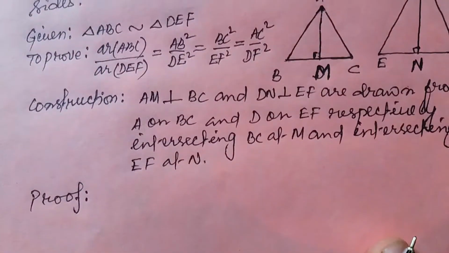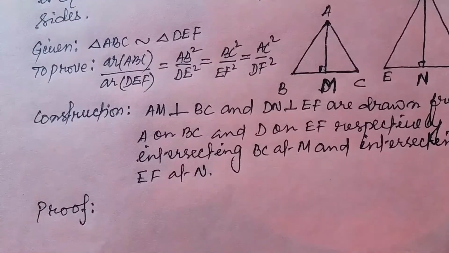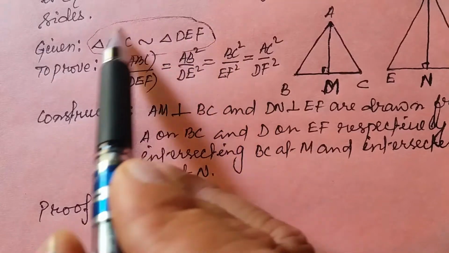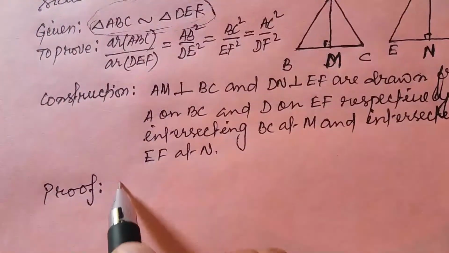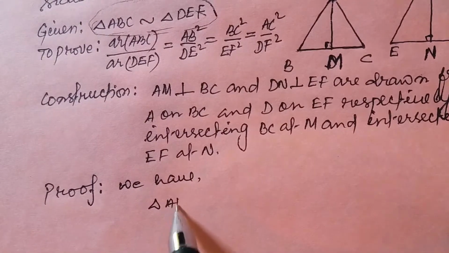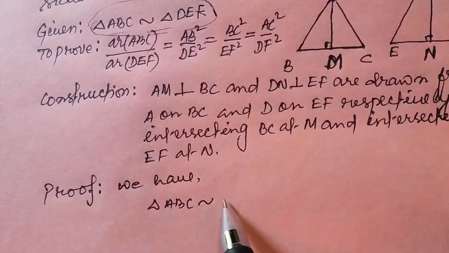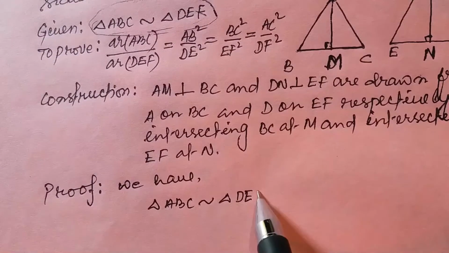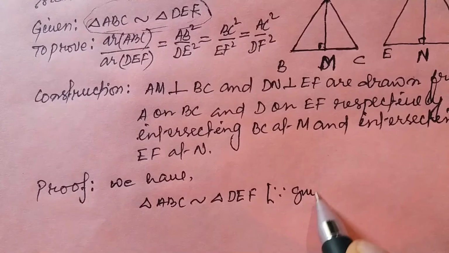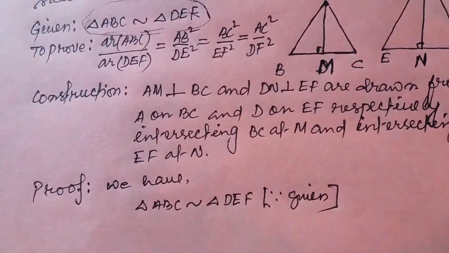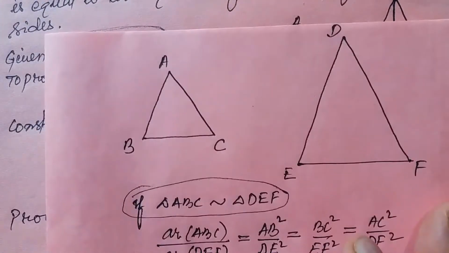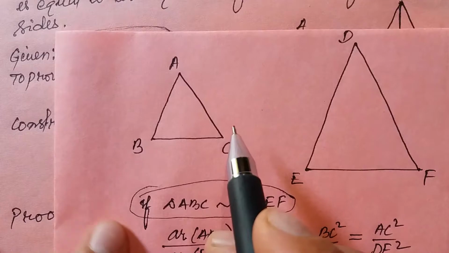The first step, what we're going to do is we will use this. Now we have triangle ABC similar to triangle DEF. Now we're going to recall what happens when two triangles are similar. There are two important points that we have when two triangles are similar.